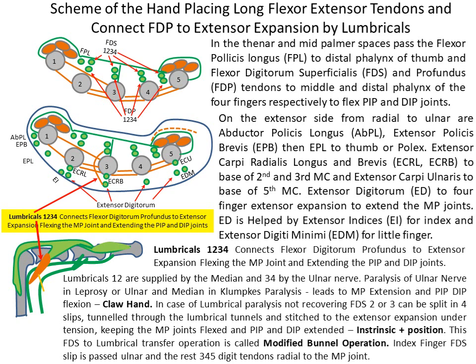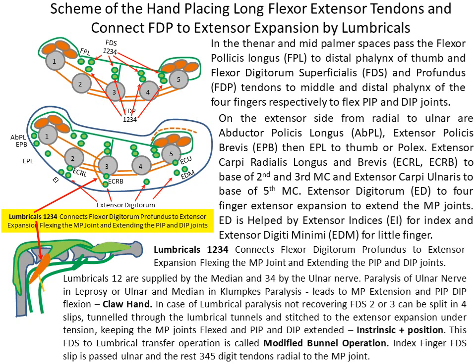On the extensor side, from radial to ulnar are abductor pollicis longus, extensor pollicis brevis, the 2 tendons which cause the de Quervain's disease. Then the extensor pollicis longus, which extends the thumb when the thumb is abducted.